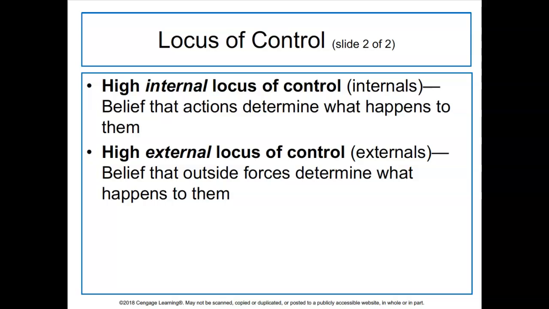If you have a high degree of internal locus of control, you believe that your actions determine your destiny in life, that how you act as an individual will determine who you become and what you achieve and how you experience the world. On the opposite end of the spectrum, with a high external locus of control, people believe there are forces in the world that control who you are and how you show up in the world, right?